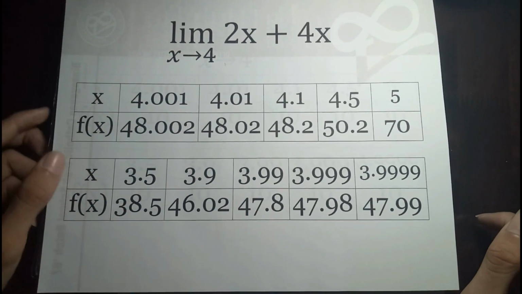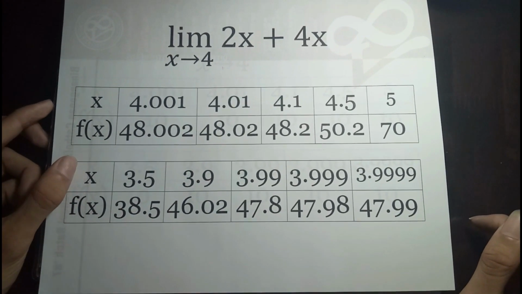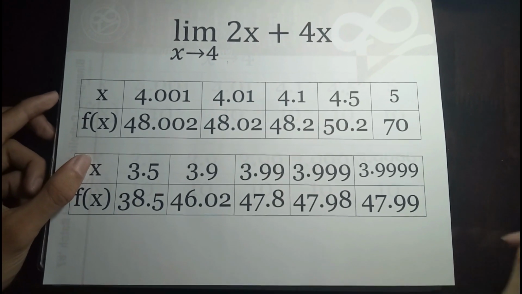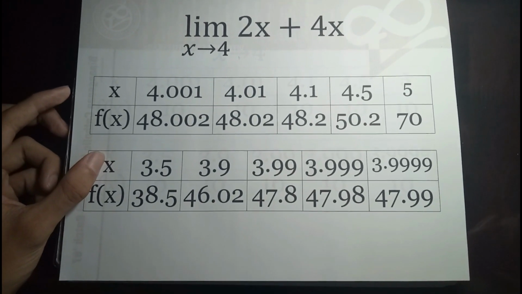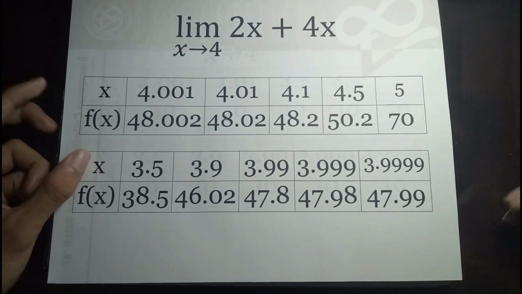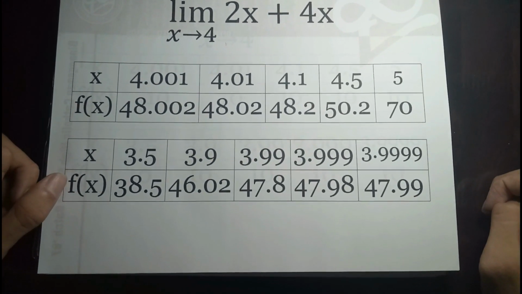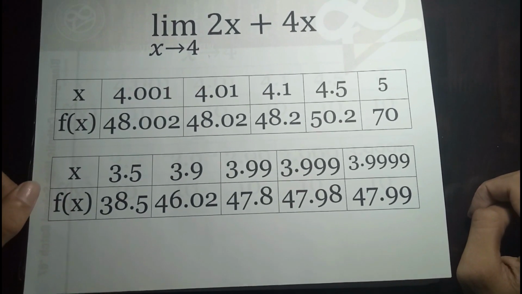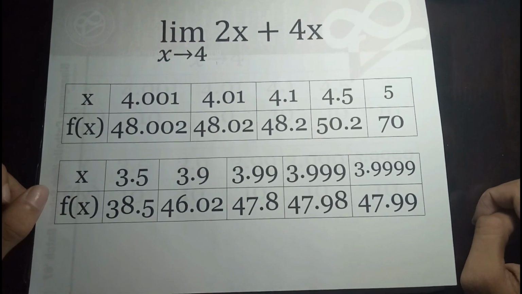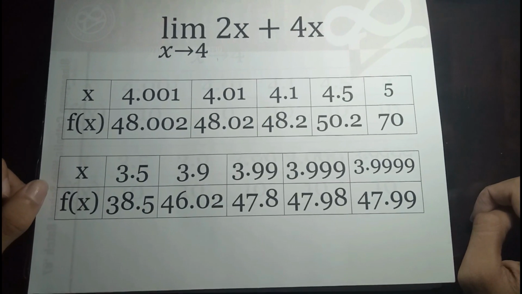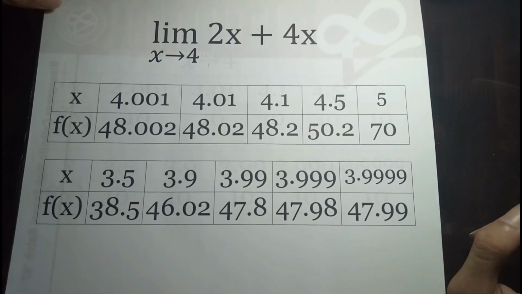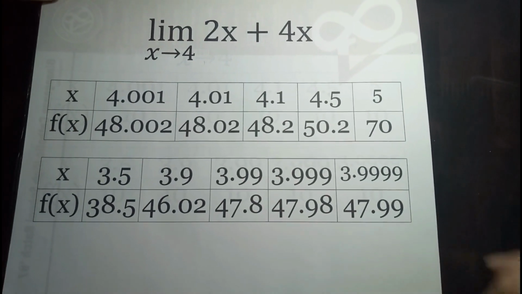And the x values on the left side are 3.5, 3.9, 3.99, 3.999, and 3.9999, and their corresponding f of x are 38.5, 46.02, 47.8, 47.98, and 47.99. As we can see, the approaching value on both sides is 48.